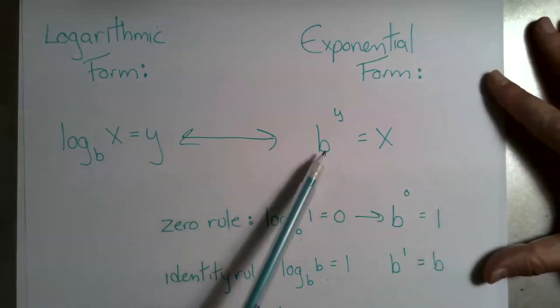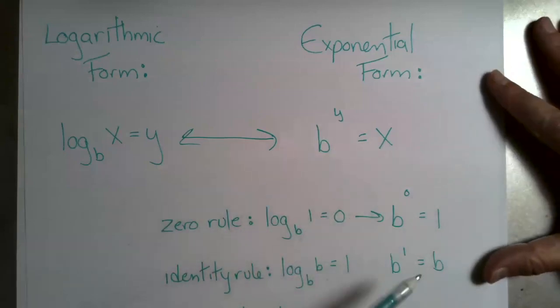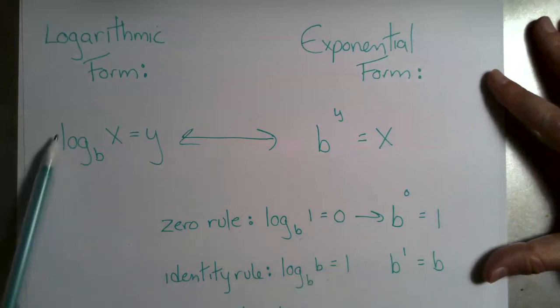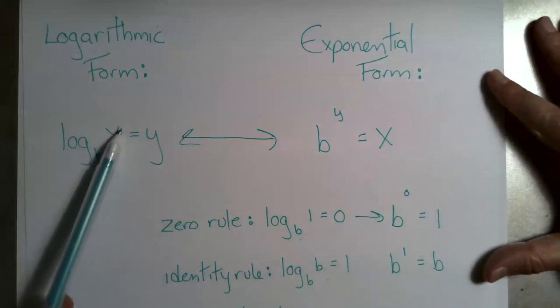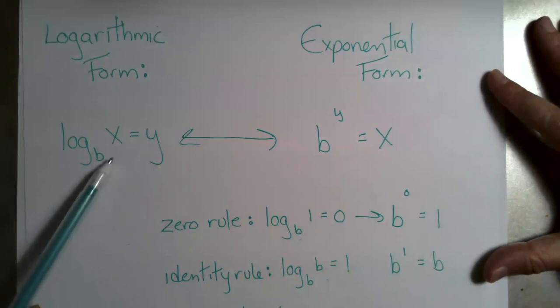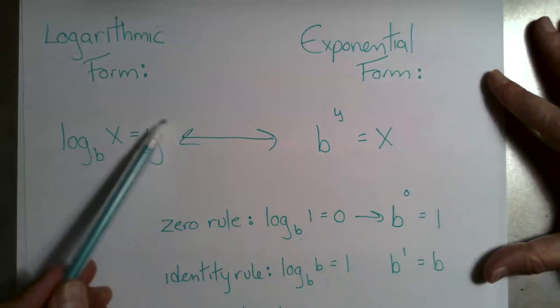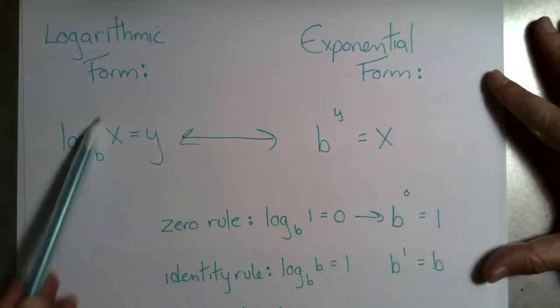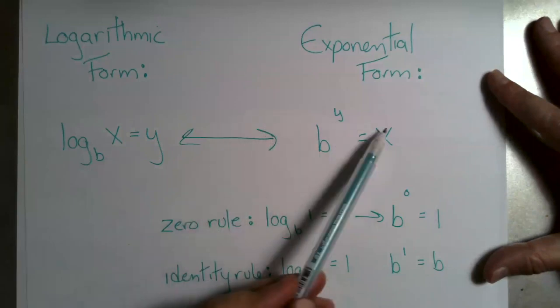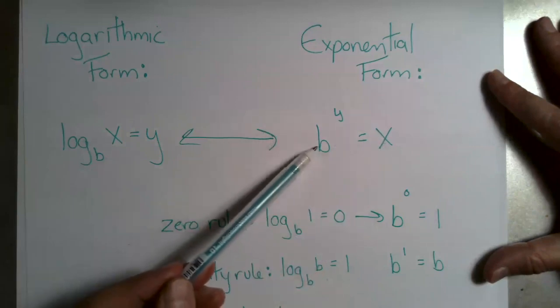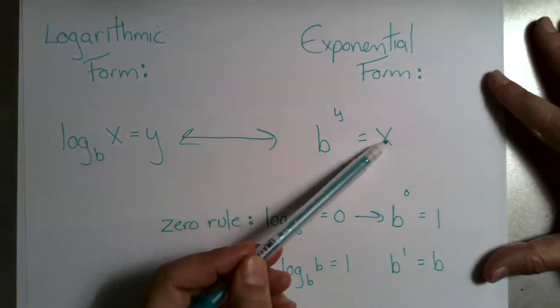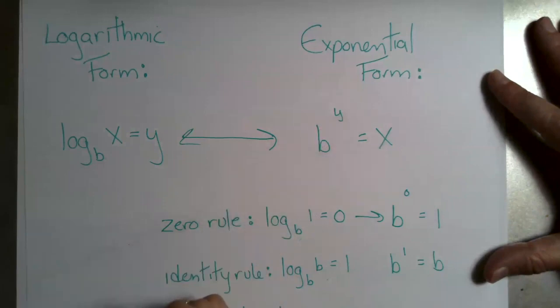Exponential form says b to the y equals x. The logarithmic version of that is log base b of x equals y.